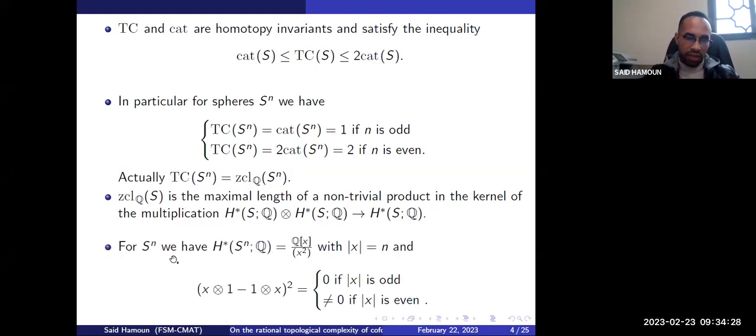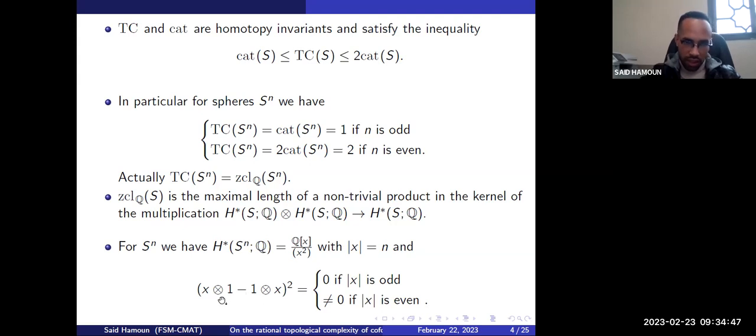More precisely, for the sphere Sn, the rational cohomology is given by the quotient algebra, the polynomial algebra Q of x over the ideal generated by x to the power 2, where x is an element of degree n.